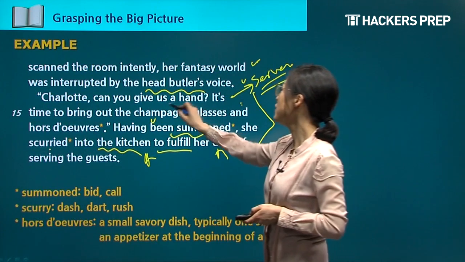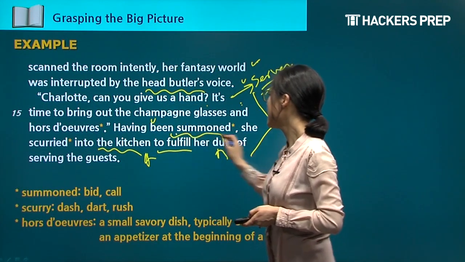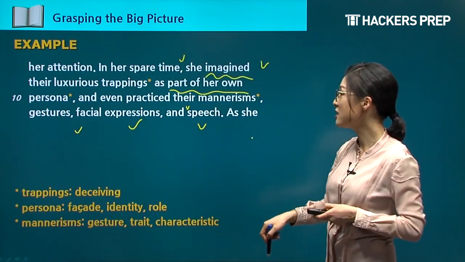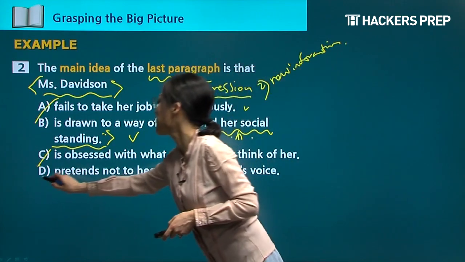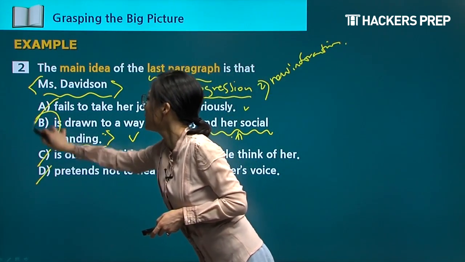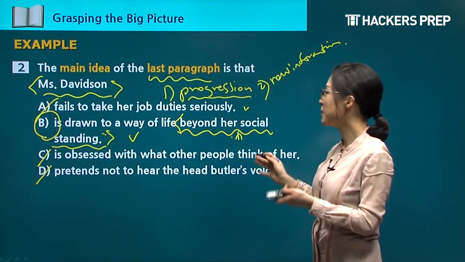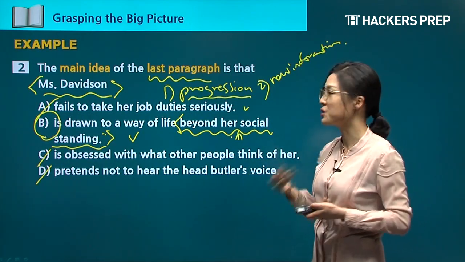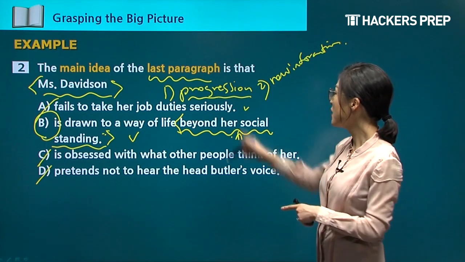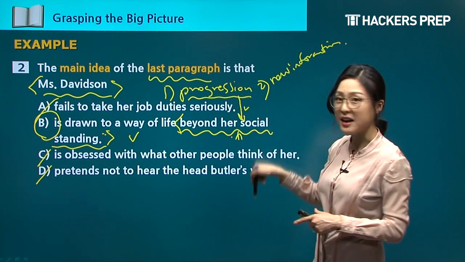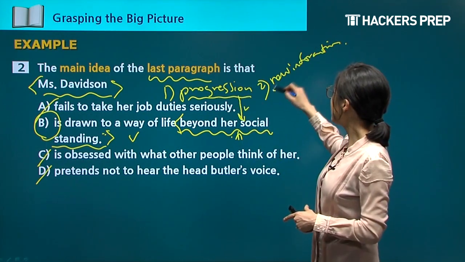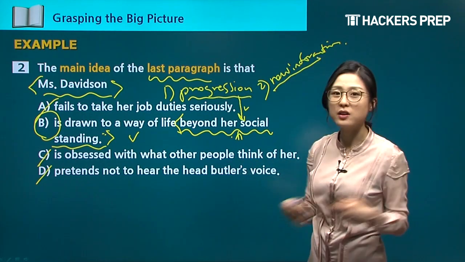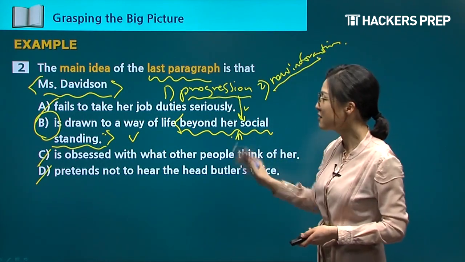Can you give us a hint? And she immediately scurries into the kitchen. So we know that this, again, does not illustrate the facts. So here the main idea of that last paragraph is that she is drawn to a way of life beyond her social standing. How did we learn that? We saw how the ideas progressed, okay? And the new information that we learned about Ms. Davison showed us that.